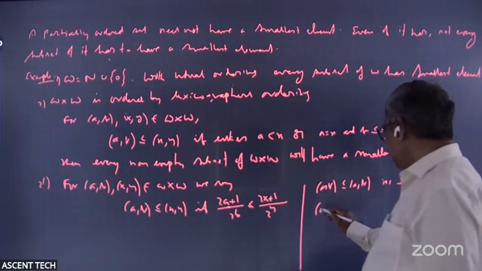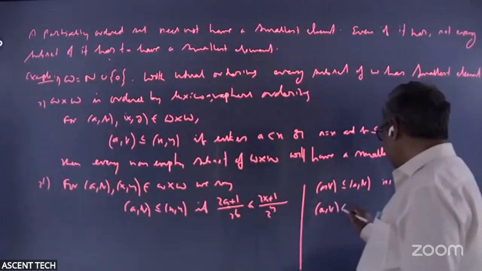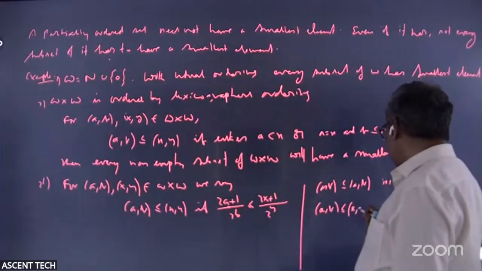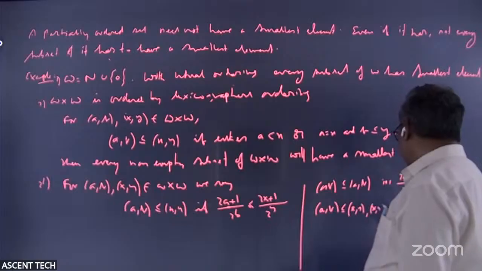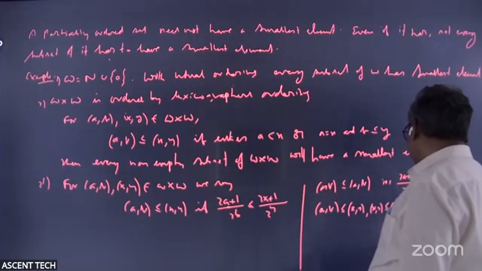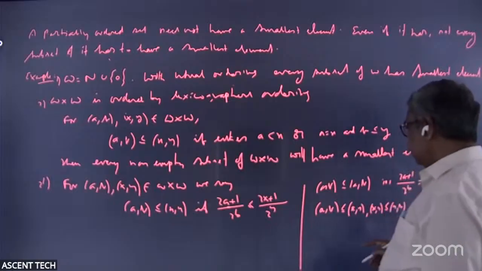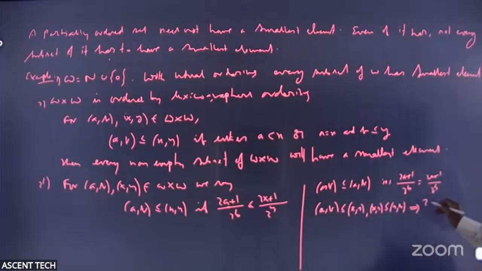Antisymmetry: if (a,b) is less than or equal to (x,y) and (x,y) is less than or equal to (a,b), then what happens? Then you get (2a+1)/2^b is less than or equal to (2x+1)/2^y, which is less than or equal to (2a+1)/2^b. That means these two are equal.